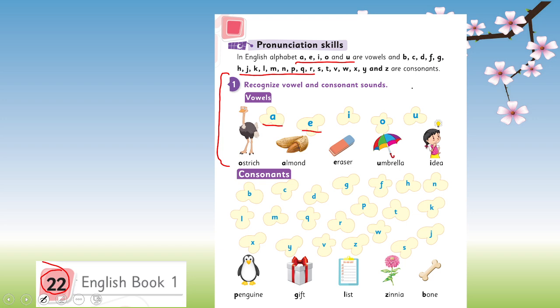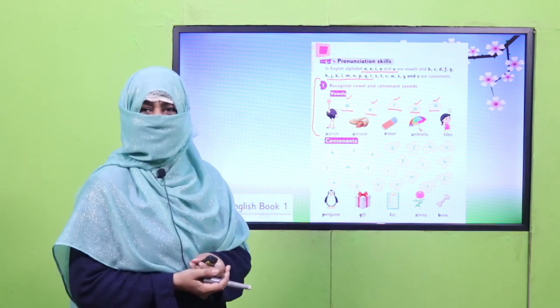Now we know A, E, I, O, U, and match them with the pictures. Which letter starts with the letter A? Okay, now you know these are vowel letters, and you have to match these letters with their relevant words. Okay, pause the video and do it.